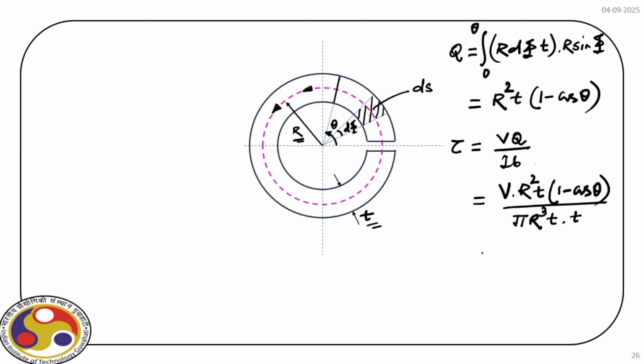Okay, so the expression for tau, what we get for this section is V, then r square t will get cancelled. So we have V times 1 minus cos theta divided by pi r t, right?